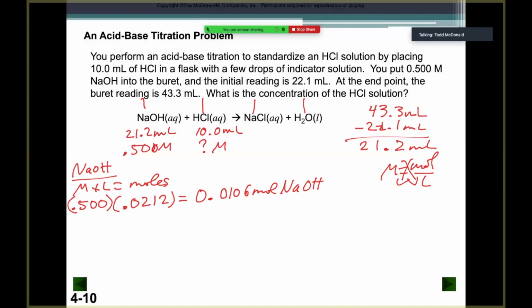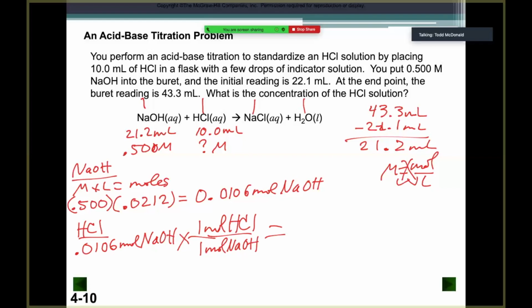So when we start thinking about the acid, we can say, if I know that I have 0.0106 moles of sodium hydroxide, my ratio is for every 1 mole of sodium hydroxide, I have 1 mole of HCl that's needed. So because this is a 1:1 ratio, we actually know that in our flask or beaker, we must have had 0.0106 moles of HCl. Okay, and you can probably see where we're going from this.